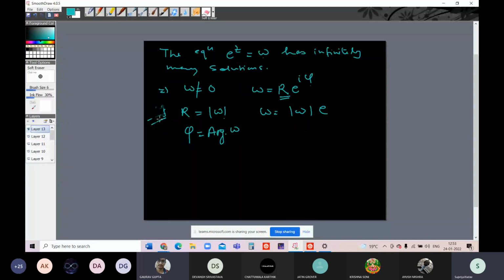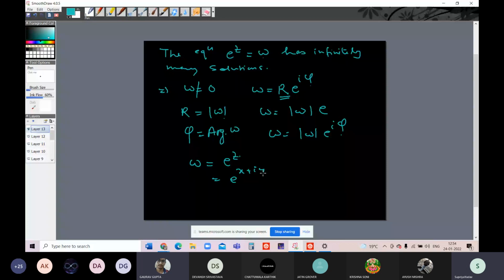So this w can be written as mod w e to the power i phi. We know that this w is exponential z, where z can be written as x plus iy, and this w can be written as e to the power i phi.